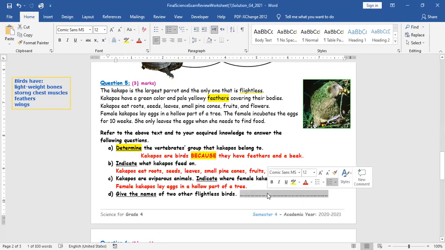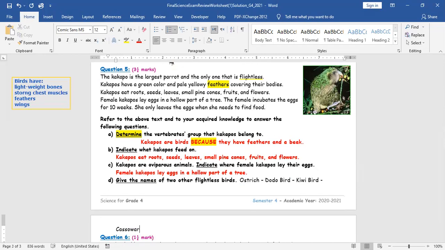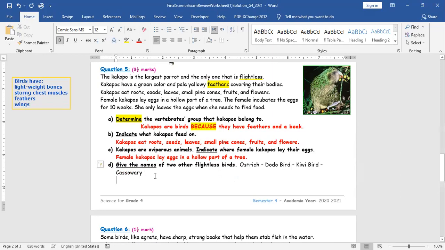Kakapos is one of the flightless birds. Ostriches also are flightless birds. Dodo birds, kiwi bird, cassowaries, what else?